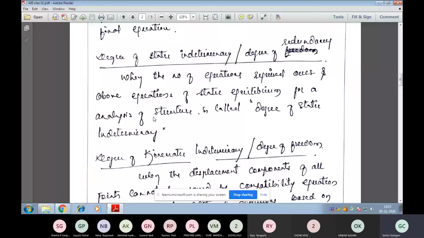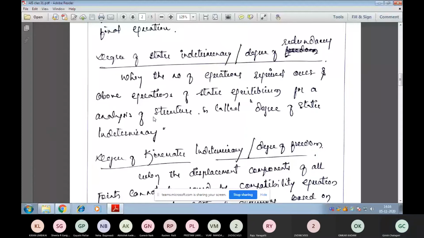When we calculate the number of equations required over and above the equations of static equilibrium, that is, when we are analyzing a beam and the unknowns are more than the equations of equilibrium, such structures we call indeterminate structures. The number of unknowns which are more than the equations of equilibrium are called the degree of redundancy.